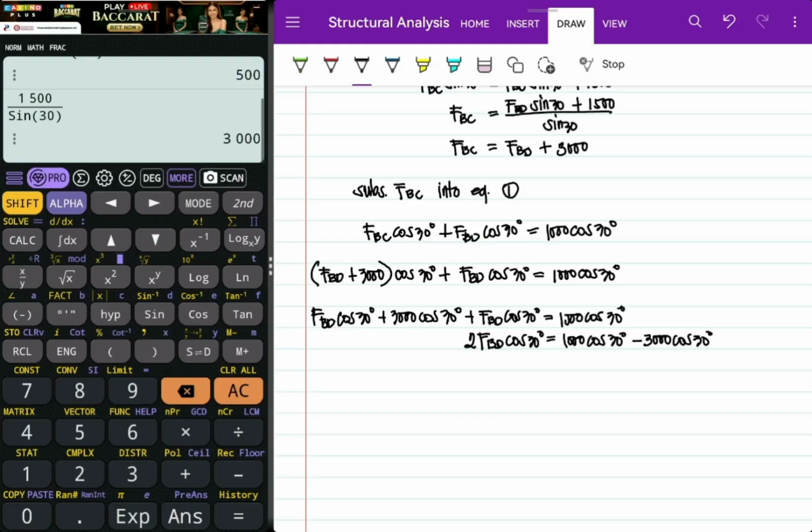Then divide both sides by 2 cosine 30. FBD is equal to 1000 cosine 30 degrees minus 3000 cosine 30 degrees divided by 2 cosine 30 degrees.